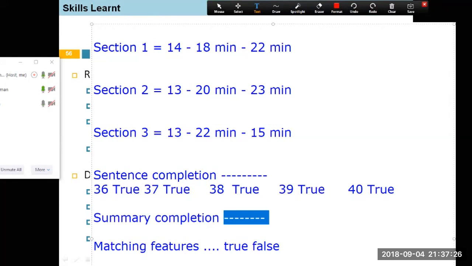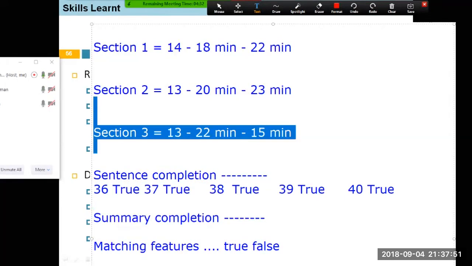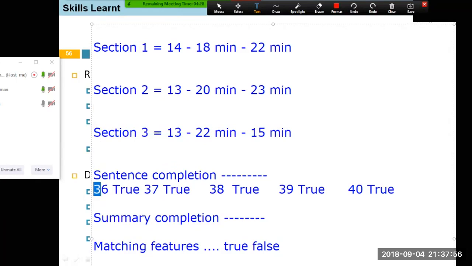If you reach section 3 with less time, then please decide which questions you have to attempt first. But another warning here: I have intentionally chosen true false questions. Generally speaking, true false questions follow a sequence. If this is the start of the section, like if this is question number 27, that means section 3 is starting here.